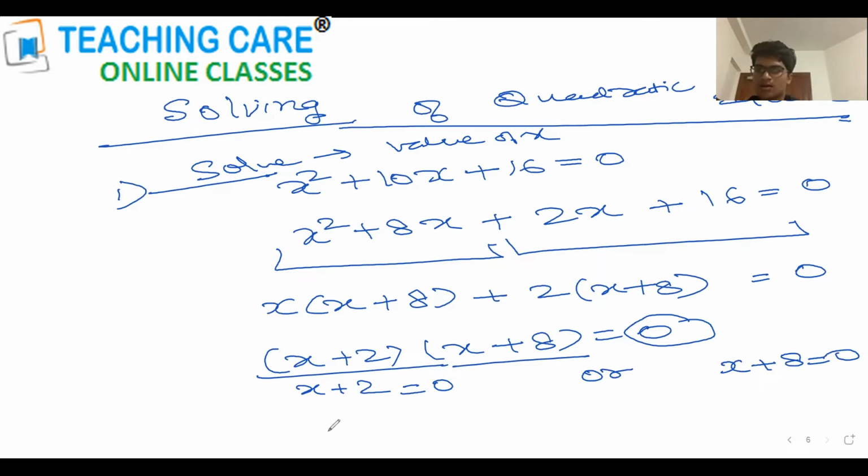For example, if I say A into B is 0, how can their product become 0 if none of them is 0? I can take any integer except 0, but I will never get 0 back. Got it.